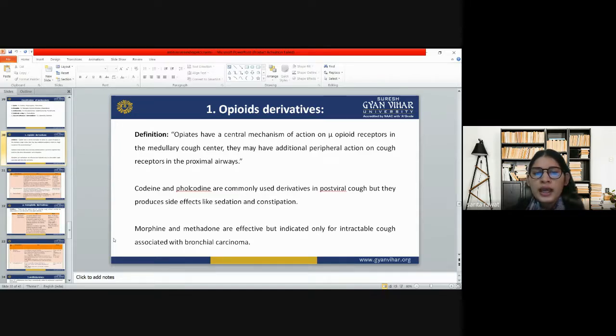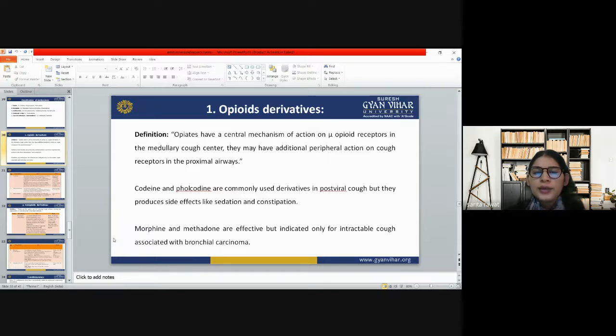Codeine and pholcodine are commonly used derivatives in post-viral cough, but they produce side effects like sedation and constipation. Whenever any person is suffering from a viral illness with a symptom like coughing, they can use codeine and pholcodine. This is only a prescribed drug due to its abuse potential, so you can use it for post-viral coughing.